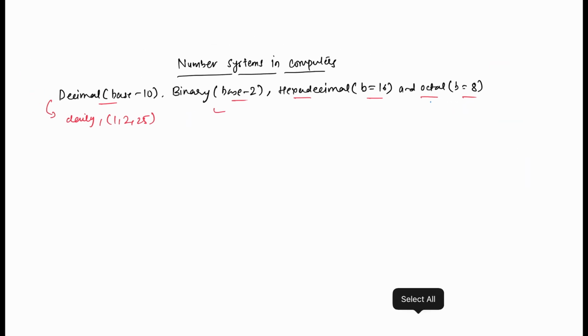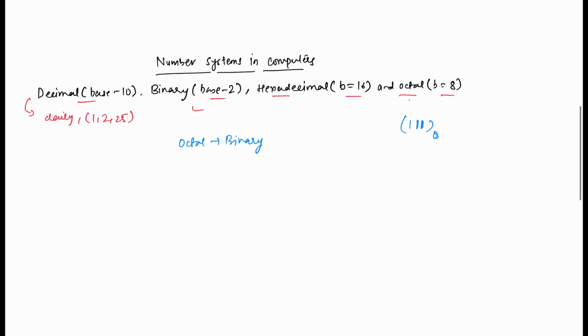So you might be thinking, why are we even learning this? There could be questions where they ask you to convert octal to binary. Suppose this is an octal number because it's 3 bits, or even if the number is this long, and they say that this is the octal number, or if they have given you the base and they ask you to convert it into a decimal number, you'll make groups of 3 bits and convert each into an individual decimal number.